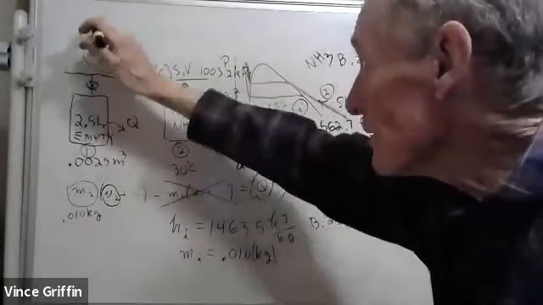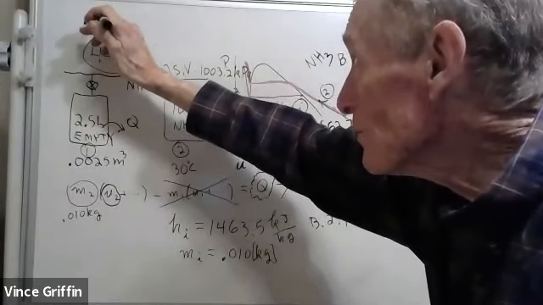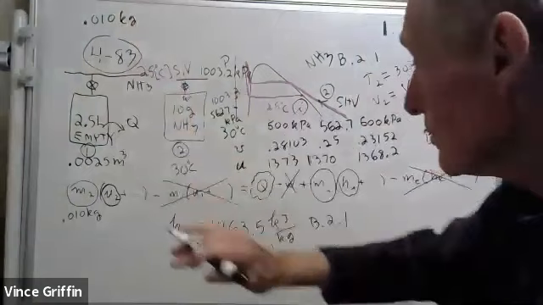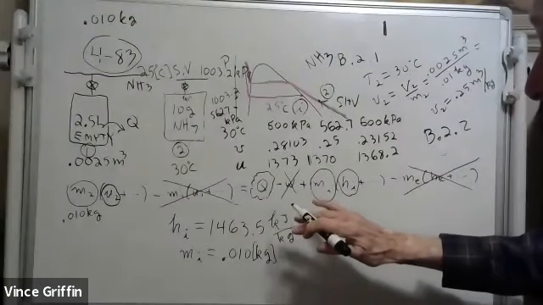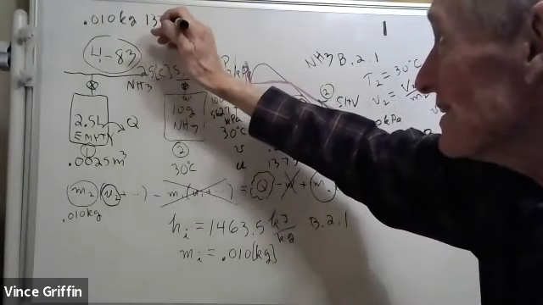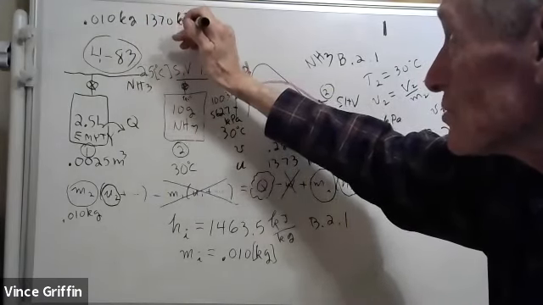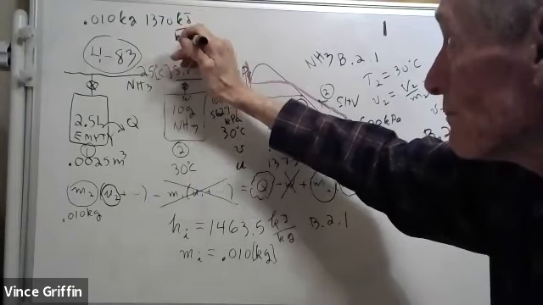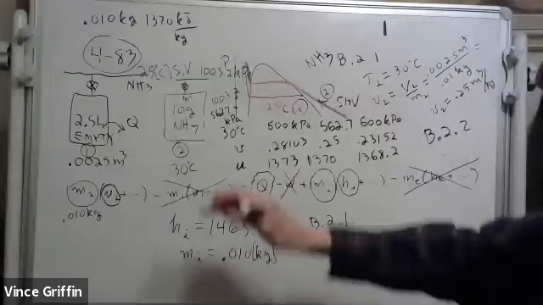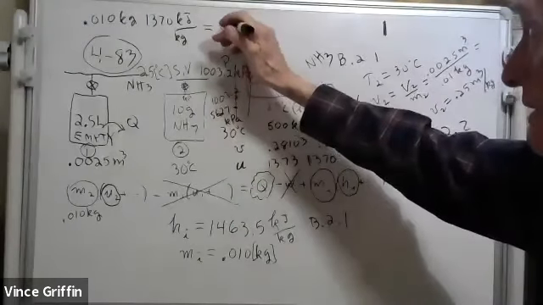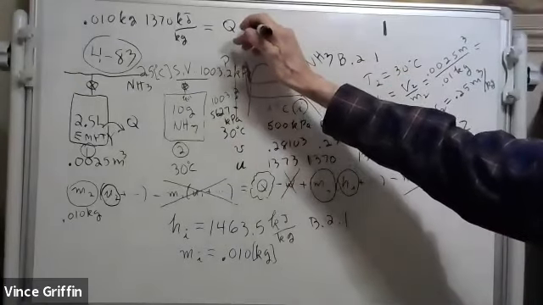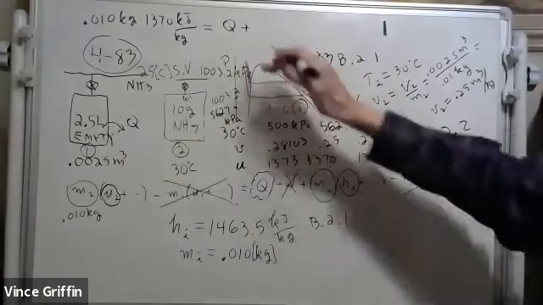Okay, M2 is 0.010 kilogram. U2, we just figured out, it's 1370 kilojoules per kilogram. And we're done with the left-hand side, equals the heat transfer plus, well, the mass coming in is the same.